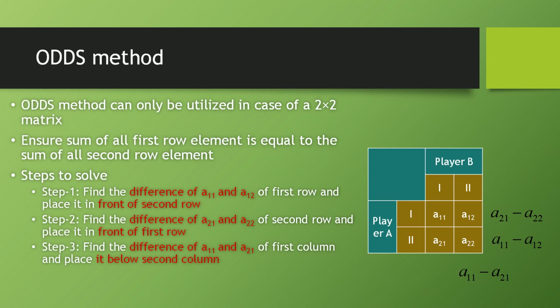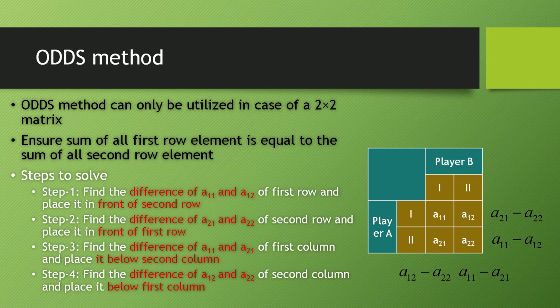Find the difference of A11 and A21 of the first column and place it below the second column. The step 4 is just opposite of step 3. Find the difference of A12 and A22 of the second column and place it below the first column. So A12 minus A22, placed here below the first column.